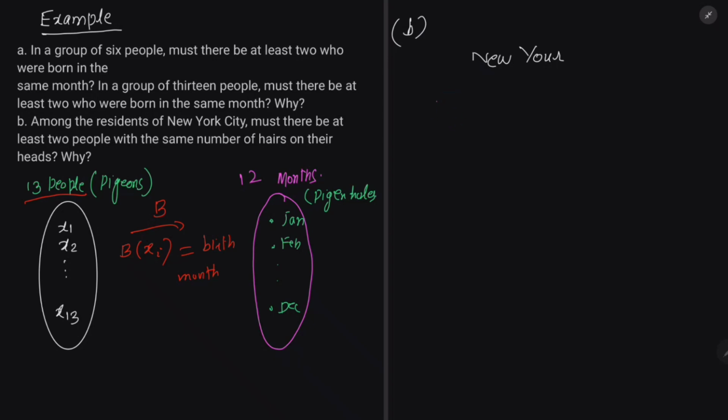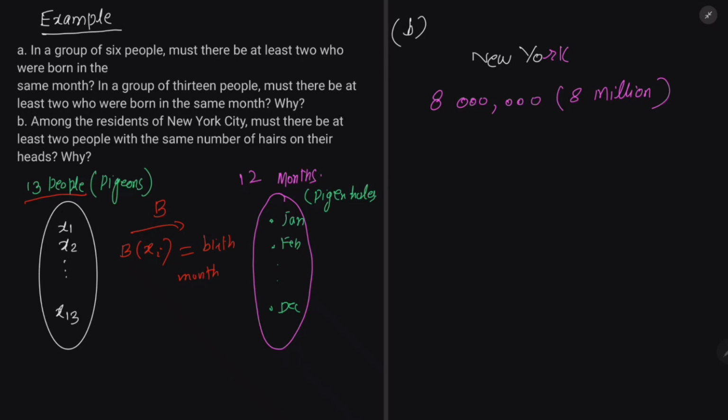First of all, let me just talk about the number of people living there. For example, the population is around 8 million. 8 million people living in, suppose, New York. That's the correct spelling. So 8 million people living here.